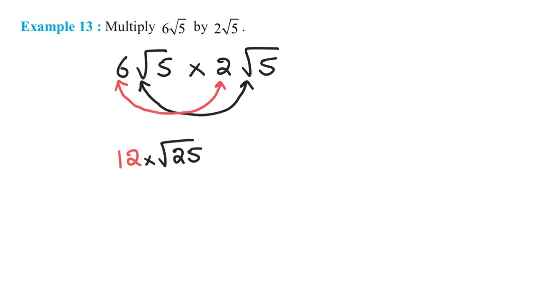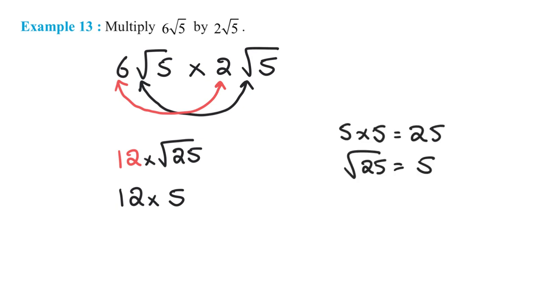Because the radical signs are the same, I can multiply the numbers inside them. 12 times, can you tell me what is root 25? It is 5. Very good, because 5 times 5 is 25 and square root 25 is 5. So, 12 times 5 is 60. So, 6 root 5 multiplied by 2 root 5, what's the answer? It's 60. Got it now?